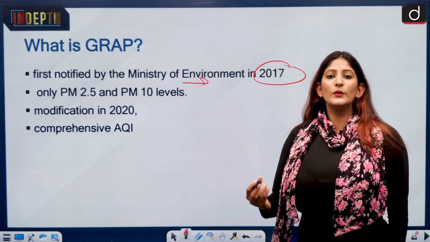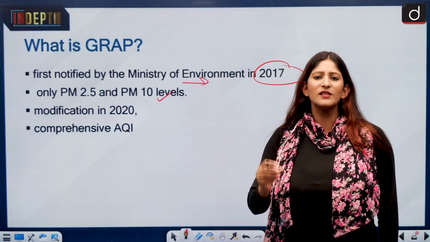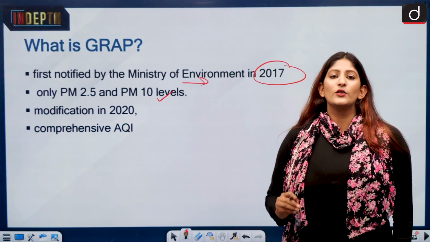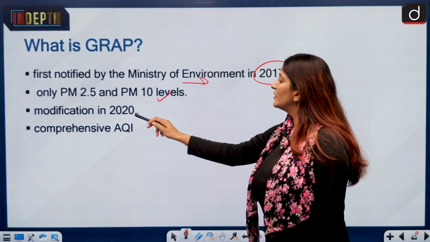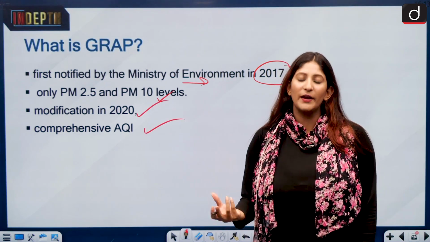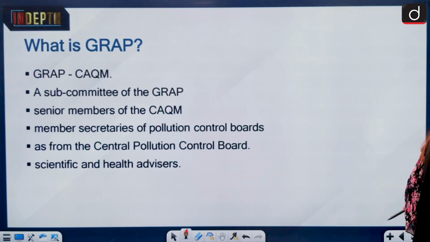So earlier it used to account for only particulate matter 2.5 and particulate matter 10 levels, which are very small dust particles that you can breathe in and they can get lodged into your lungs. But modifications were done in 2020 and a comprehensive air quality index was prepared, according to which CAQM would launch the Graded Response Action Plan.